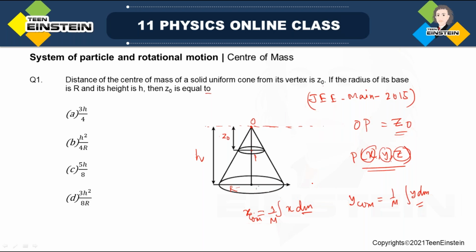If you already know where the center of mass is situated, that is different, and you can do it easily. But I'll teach you how to calculate the center of mass coordinate for this solid cone first.